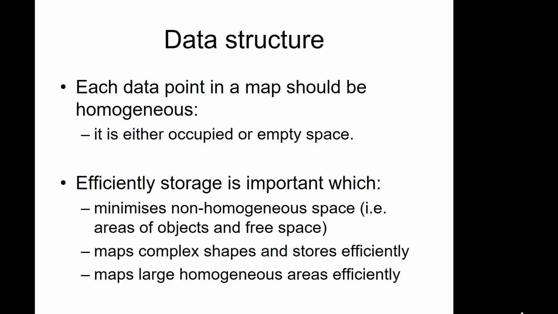When I say homogeneous, I mean it has to be very clearly defined as it either is an object or it's an empty space. So we need each data point ideally to clearly signify if that data point represents an object or space in that environment. So we'll come to some examples where that is not necessarily the case, as you'll see.